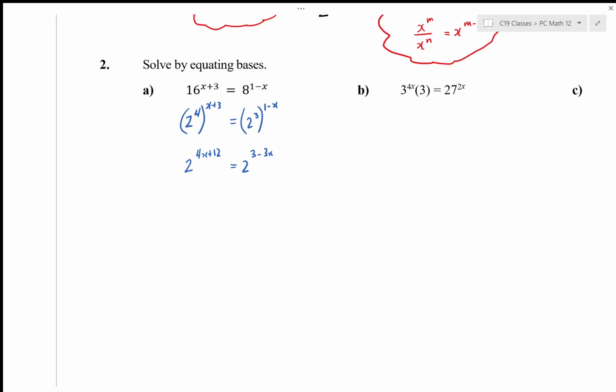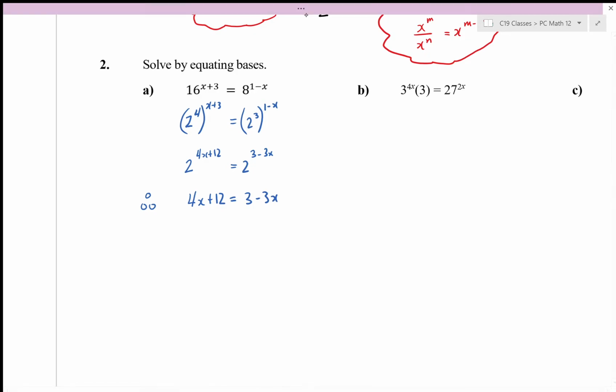Now here's the kicker. Now that we have the bases the same on these two sides, we can do this little therefore statement. We say, well, look, if we can make those bases the same, then those exponents must be the same. So we can just go 4x plus 12 must be equal to 3 minus 3x.